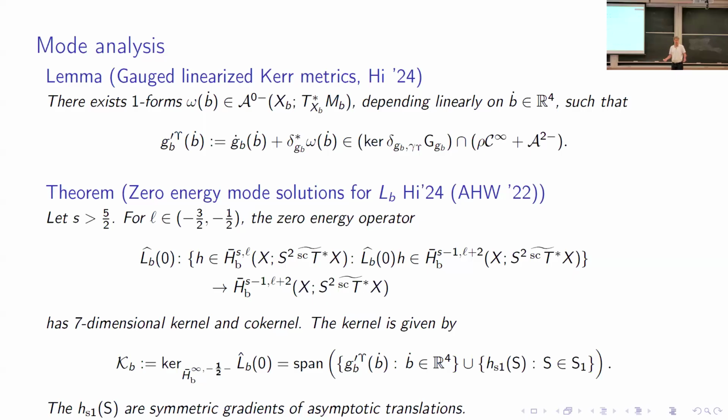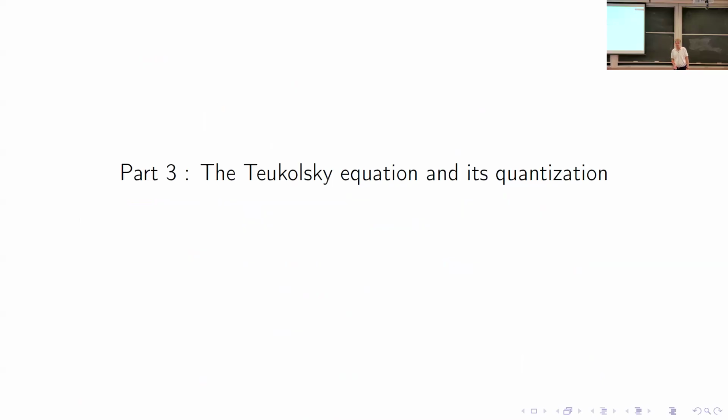So this really corresponds to zero mode solutions of the linearized Einstein operator, right? So these are these linearized Kerr solutions, and then these asymptotic translations, which just show up.